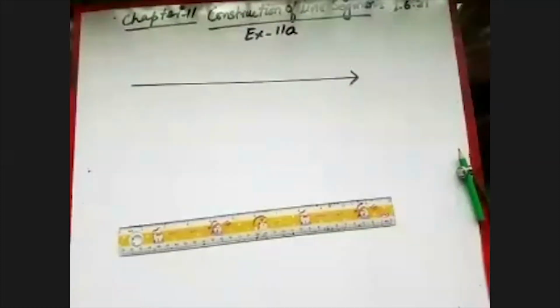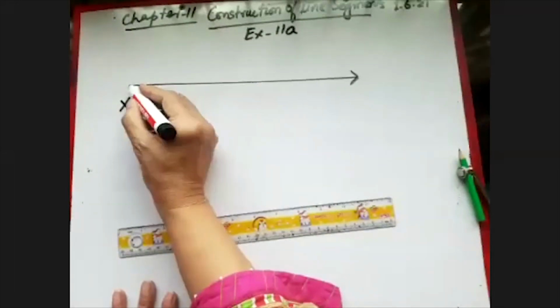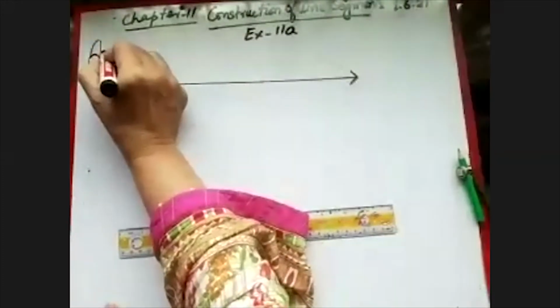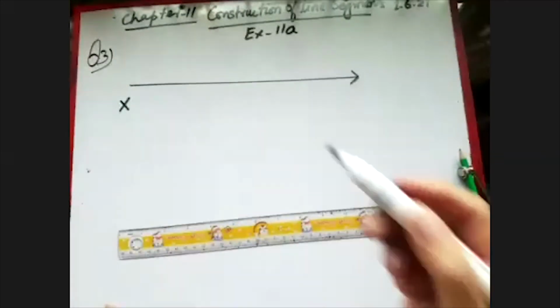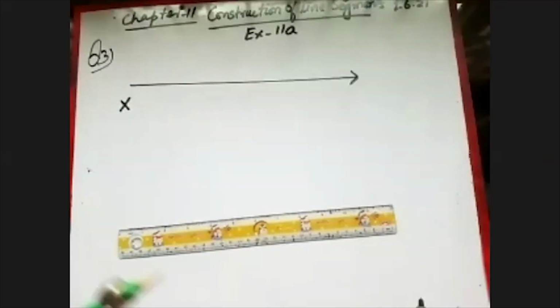As you have to make line XY, say the endpoint of the ray is X, and you are going to mark first line AB on this ray. This is question number 3 of the same exercise 11A. So I notch both the ends AB with the help of this compass.